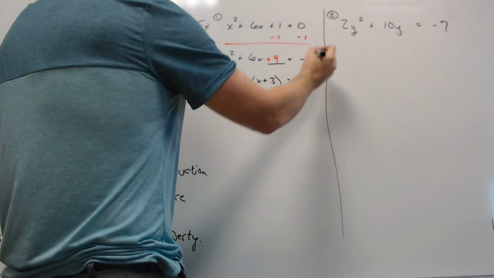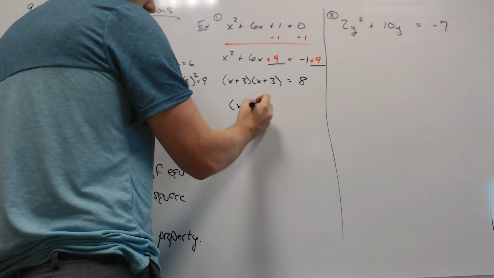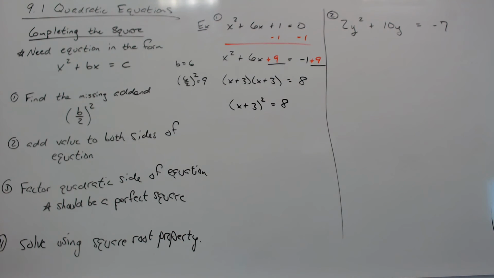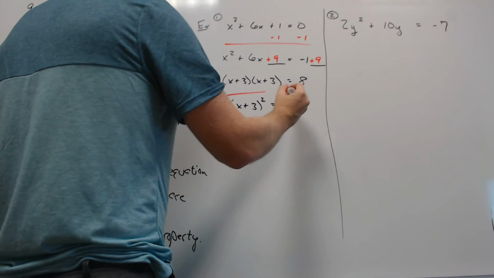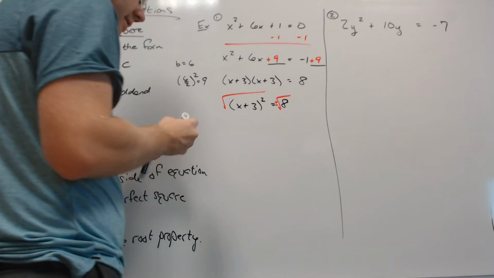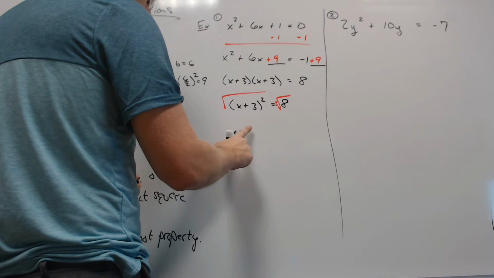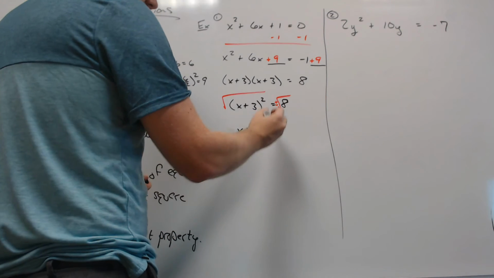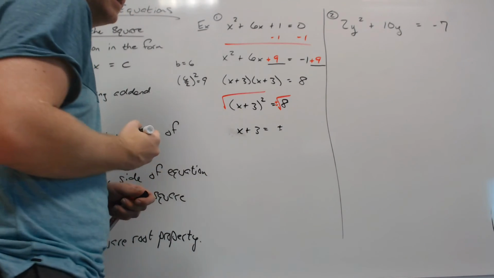On the right side, that's going to be an 8. And now we can just rewrite this as x plus 3 squared is equal to 8. And now we've turned it into a square root property where I can square root both sides, not forgetting my plus and minus. No need for parentheses anymore. x plus 3 equals plus or minus the square root of 8.